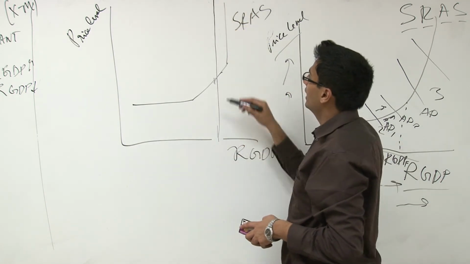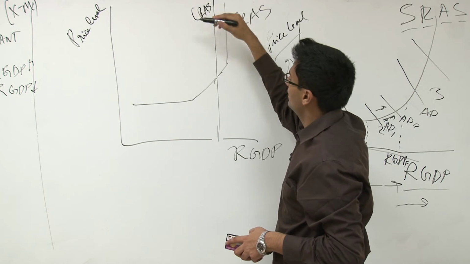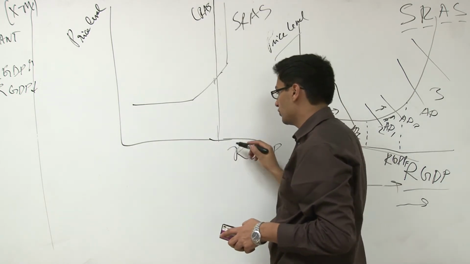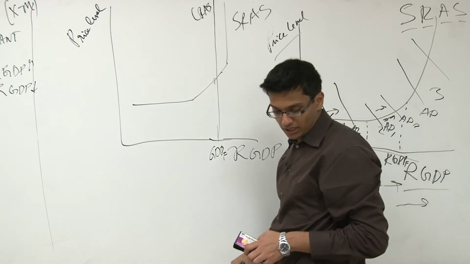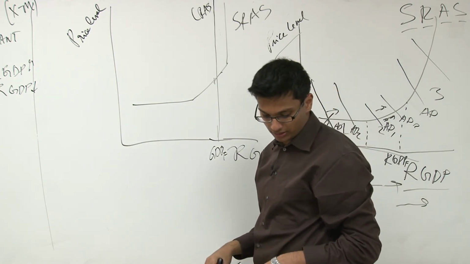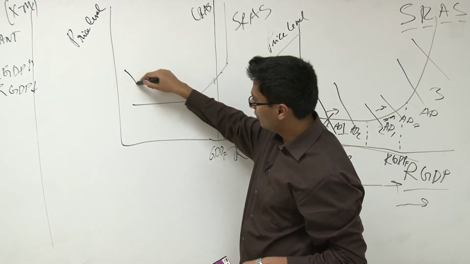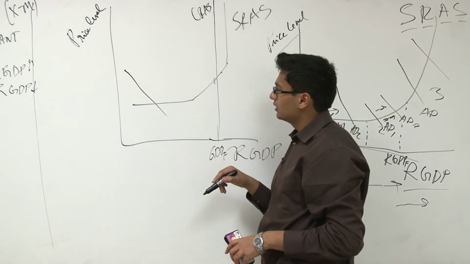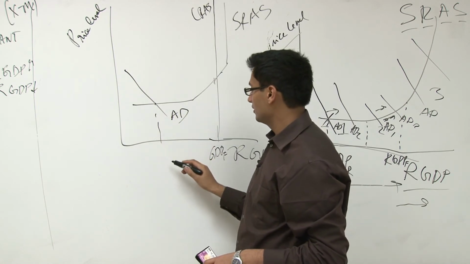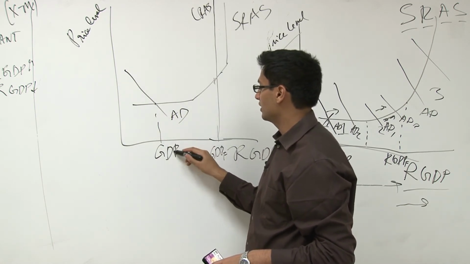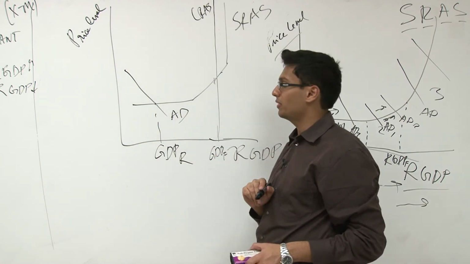Okay, and I said that we're in a recession. So for those of you who remember, if there's a recession, AD is probably in the horizontal area, okay? So let's say AD is right about here, all right? So this is AD, okay? This is where my current GDP is at, and GDPR, standing for GDP recession.